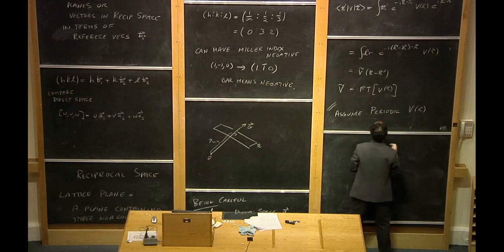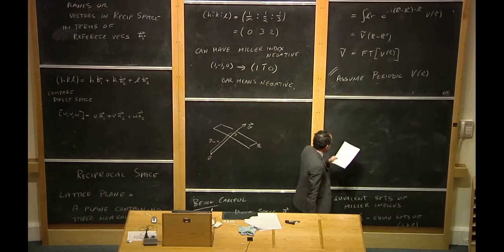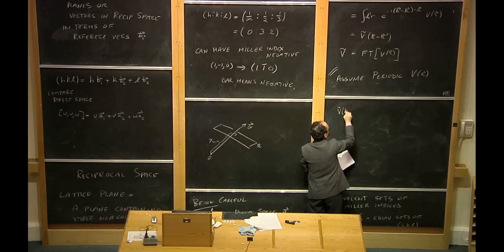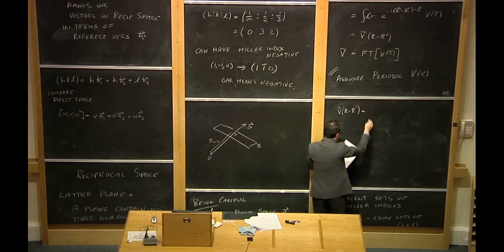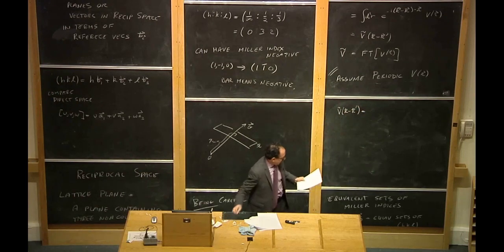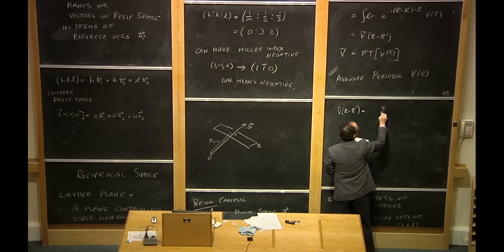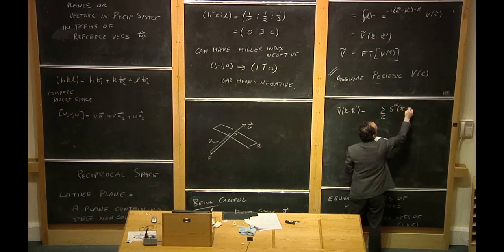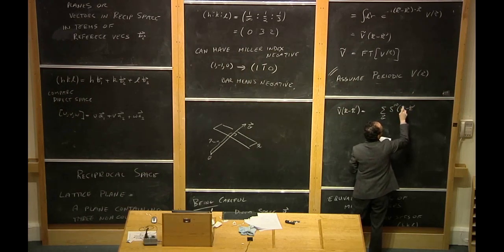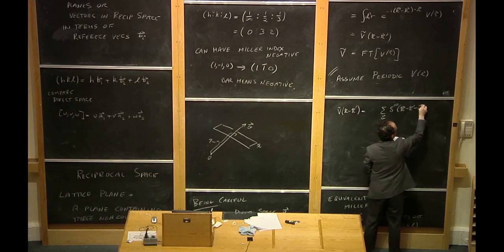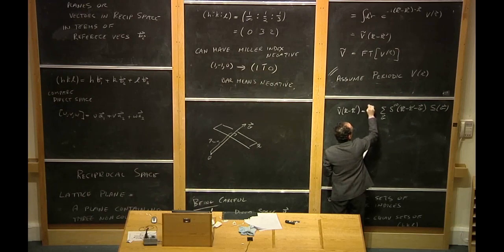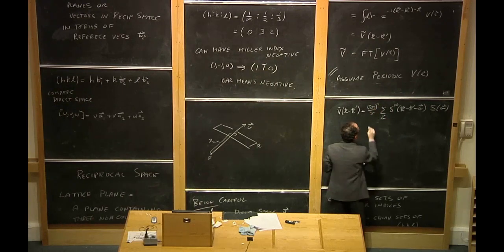Anything crystalline will have a periodic potential, and so we can use the law that we derived last lecture: the Fourier transform of a periodic potential, k minus k prime, equals a sum over reciprocal lattice vectors g of a three-dimensional delta function of k minus k prime minus g, times the structure factor of g. There's some normalization factor, 2 pi cubed over the volume of the unit cell.